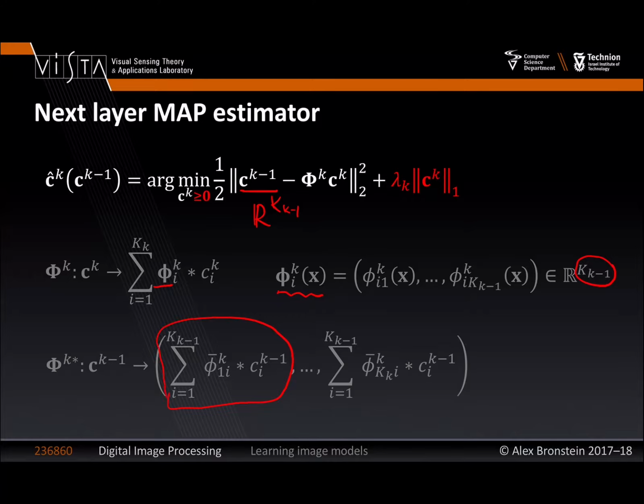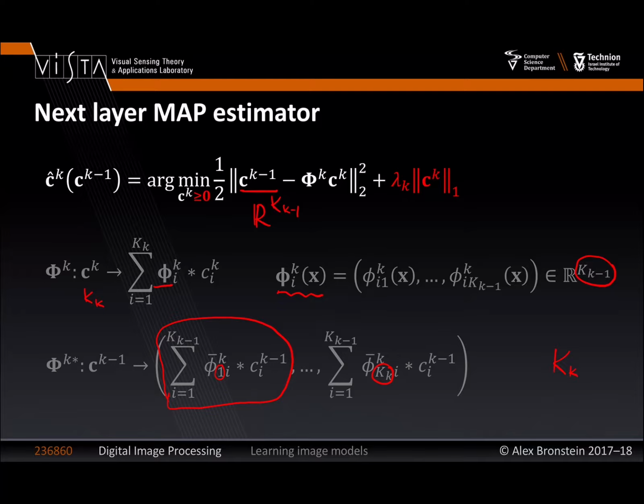So these are going to be the elements here, and pay attention that now I have, basically, these are the output dimensions of phi. So I have k dimensions in the output because these were the dimensions in the input, right? The adjoint swaps the domain and the codomain of the operator, and I have this sum.